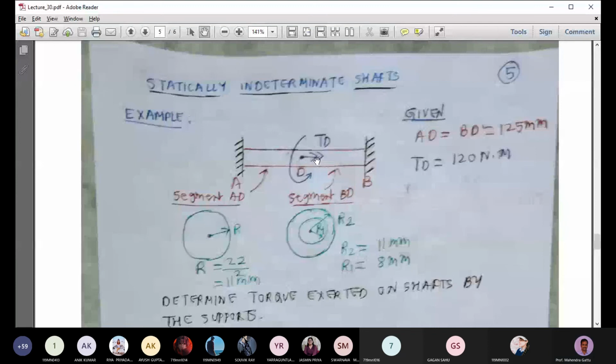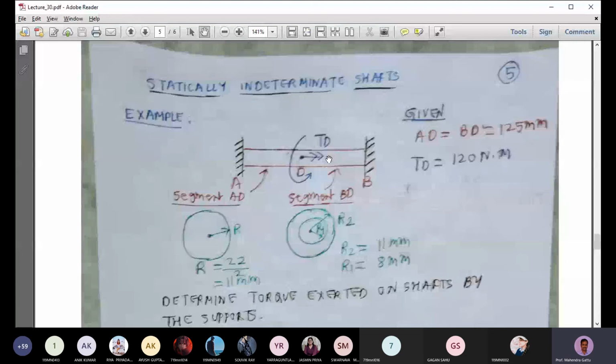You can take your right hand and place your thumb pointing in the direction of the double arrow. Your fingers will curl in the direction towards you. That is the torque being produced on that shaft.